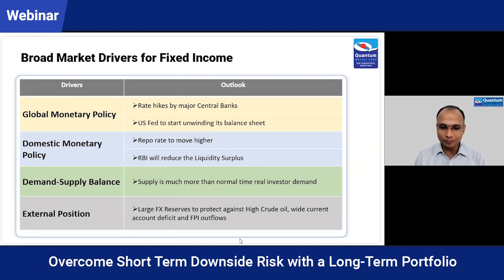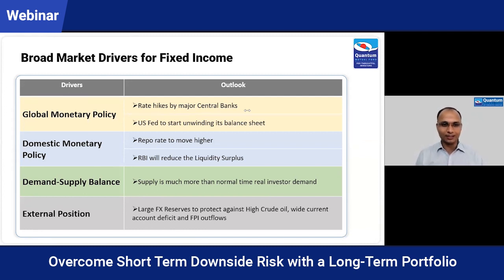So now the position is that RBI bought these reserves so that they can curtail the volatility, or they can sell whenever they see pressure on the FX side. So we have high crude oil prices. Our current account is widening, but given the FX reserves, we have some comfort. We can't say we are immune, but still we have some comfort.